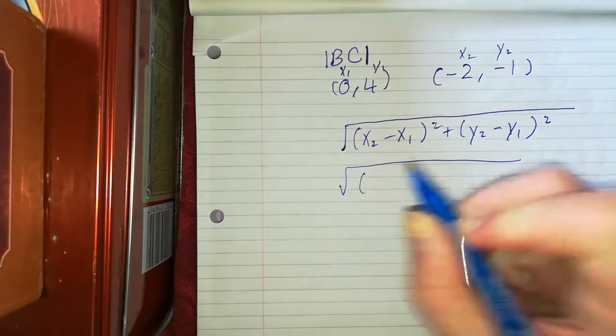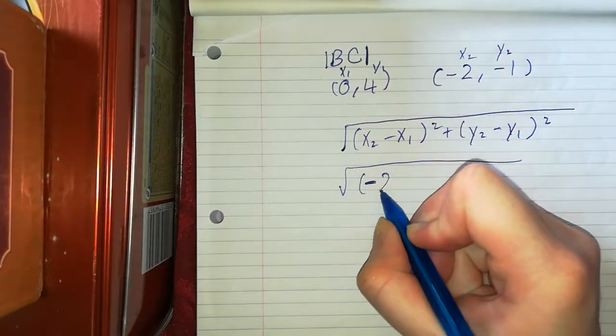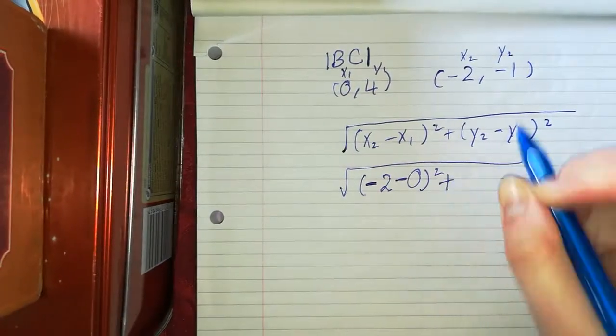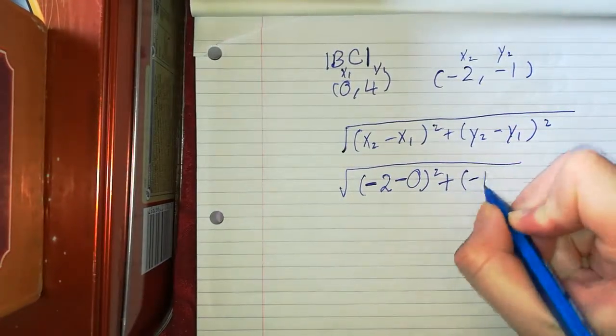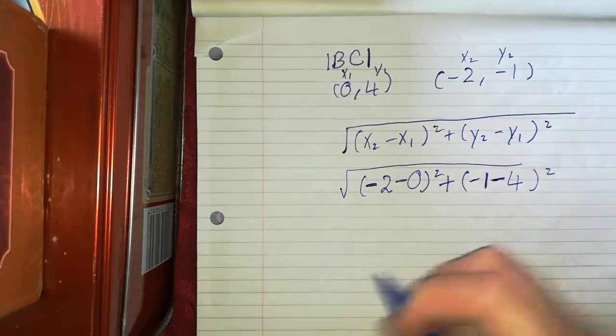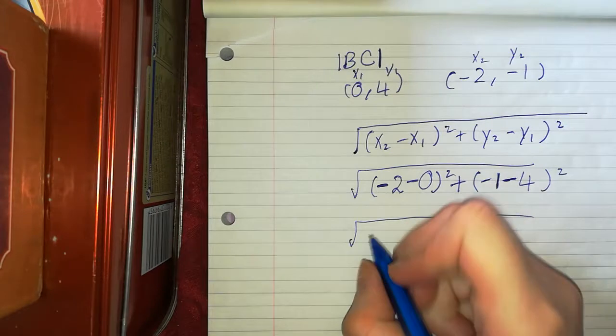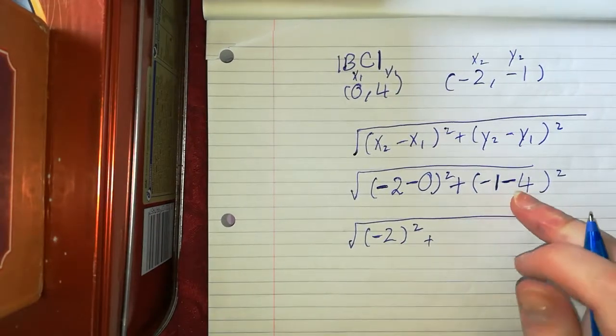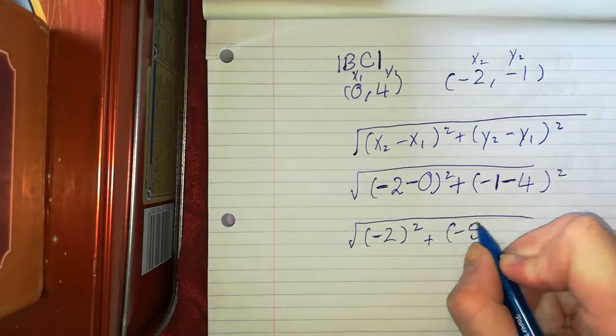So x2 is -2, and then minus x1, so that's -2 minus 0 squared, and then y2 is -1 minus y1, which is 4, squared. So -2 minus 0 is just going to be -2 squared, and then -1 minus 4 is going to be -5 squared.